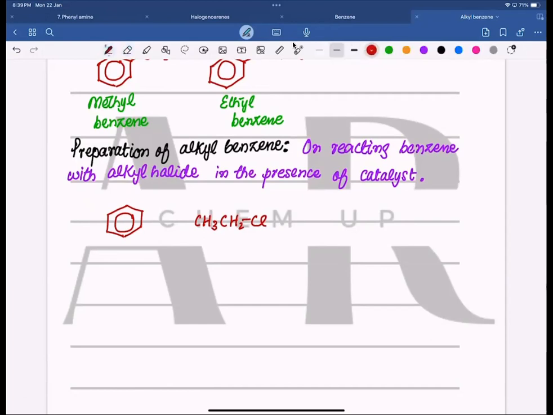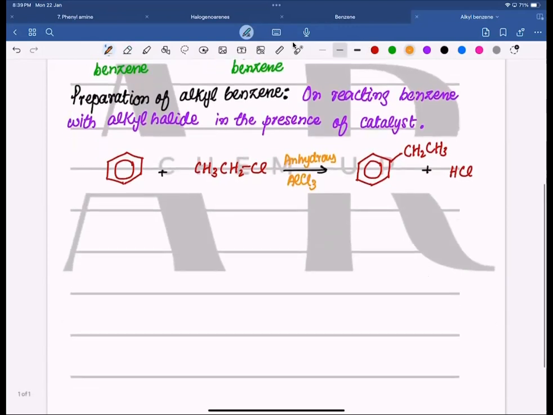So what will happen is that the ethyl group from chloroethane substitutes the hydrogen and HCl is formed. So here the catalyst can be anhydrous AlCl3. Is this clear?